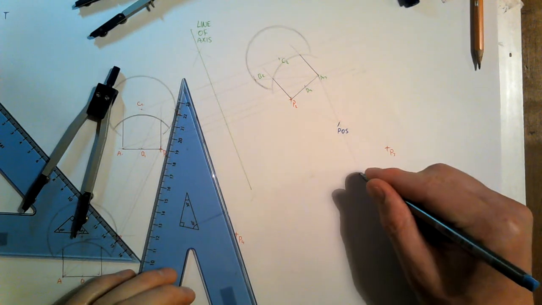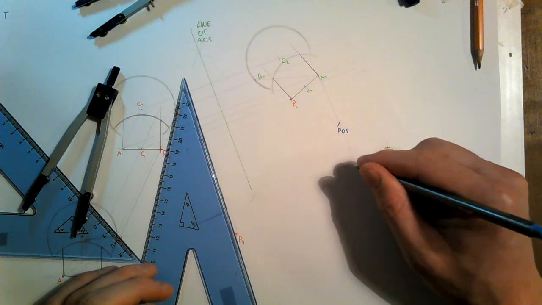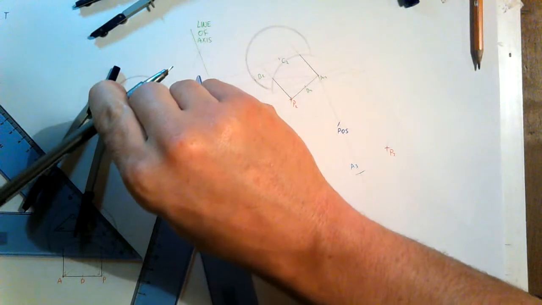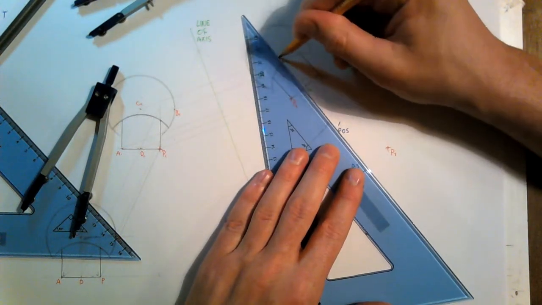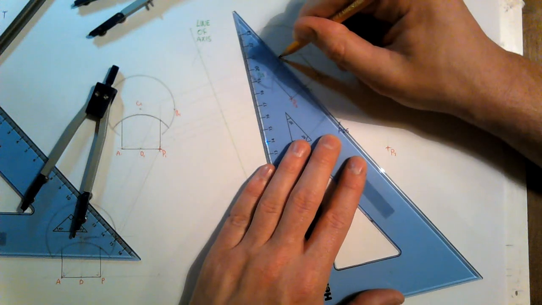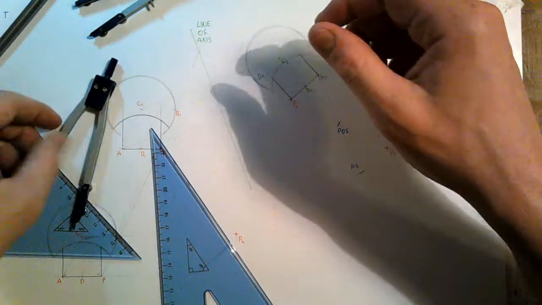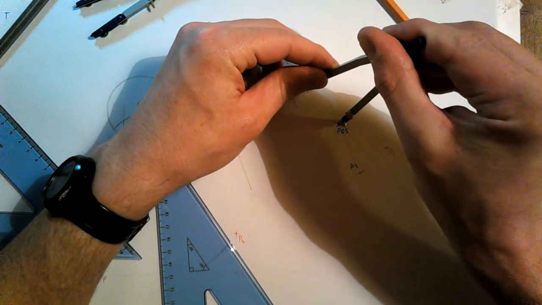Okay, that is A3. Okay, D and C should be on the same line here. Bring them through. Yep. Okay. Point of symmetry.